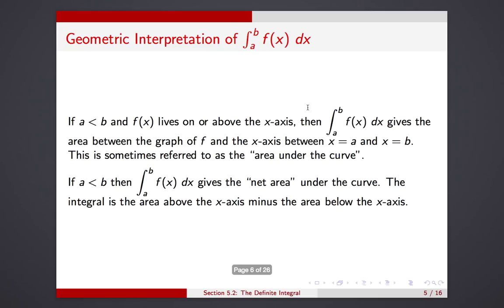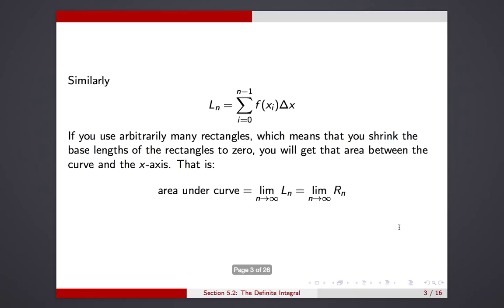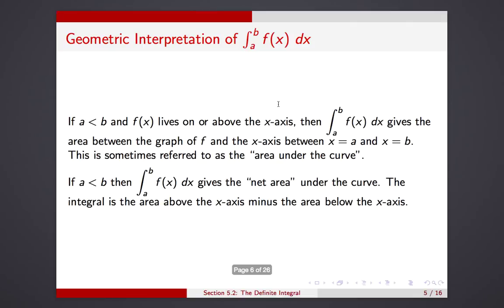So the integral now will be the area above the x-axis minus the area below the x-axis. Any area accruing beneath the x-axis, because the function is negative there, you're getting negative function outputs, so you have to subtract that area off. That's the idea of an integral. There are no slopes of lines here.